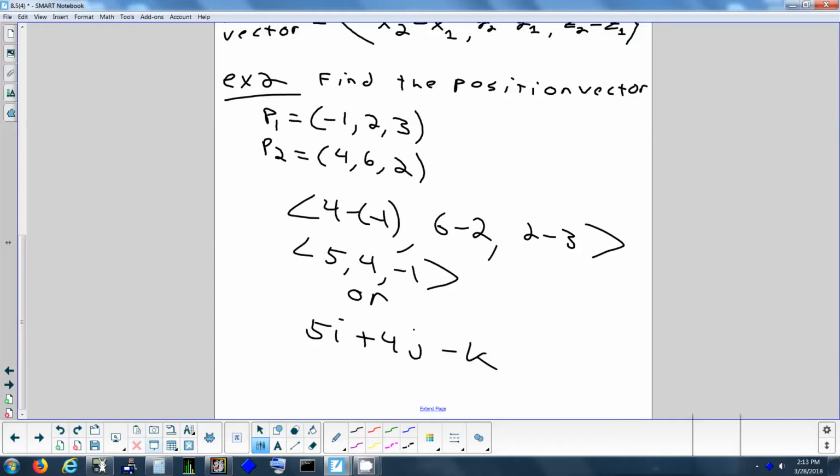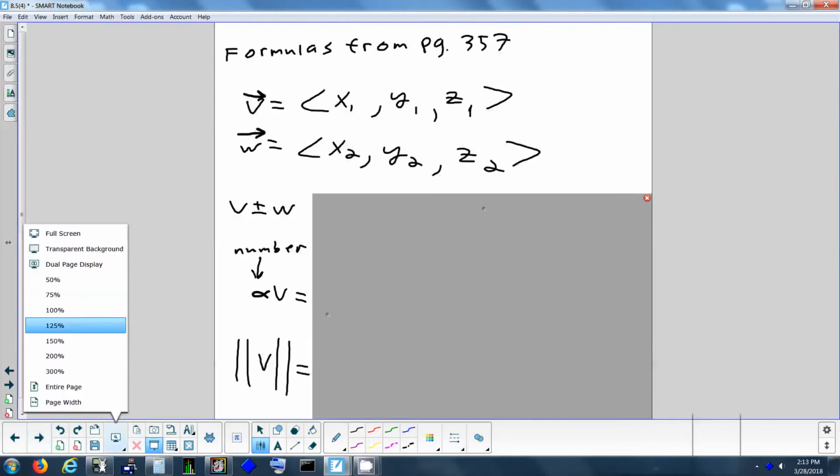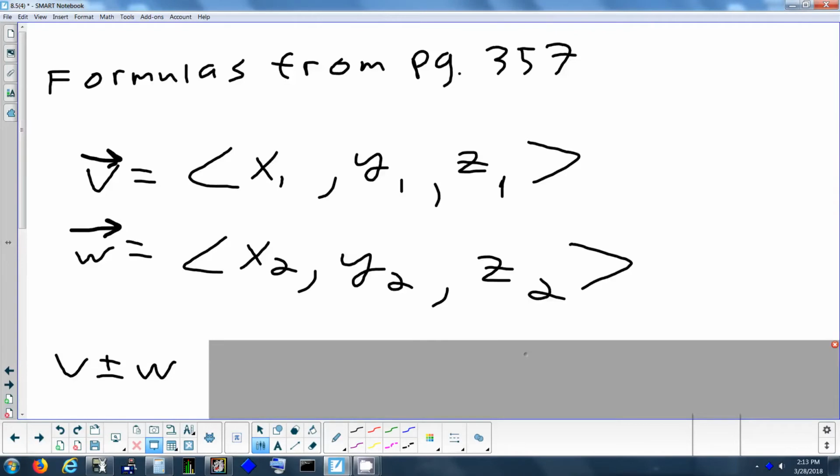All right. So now the next thing we're going to look at is adding, subtracting, scaling, and magnitude. But we're not going to do any of it with a sketch, just a formula. So here's two vectors. Both vectors have x, y, and z components to them.